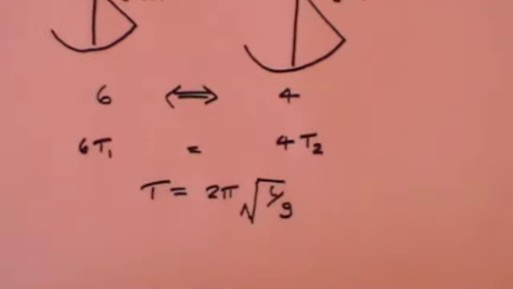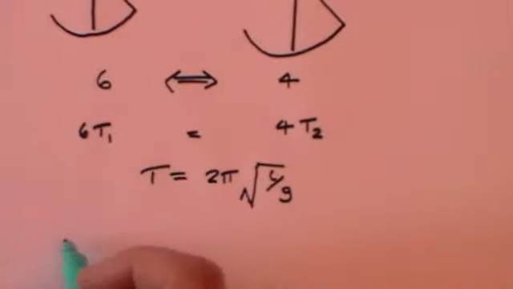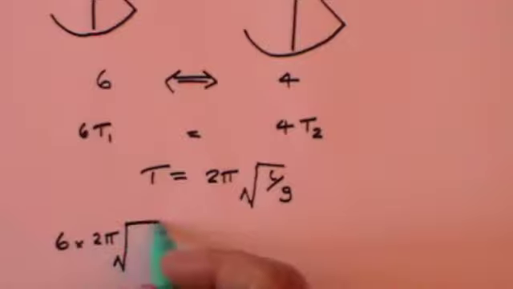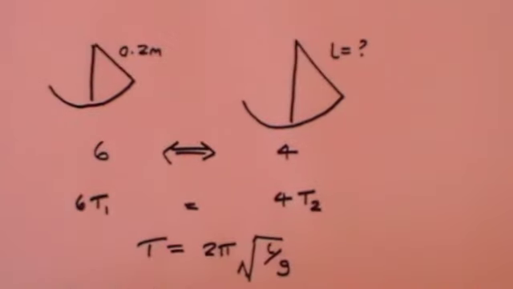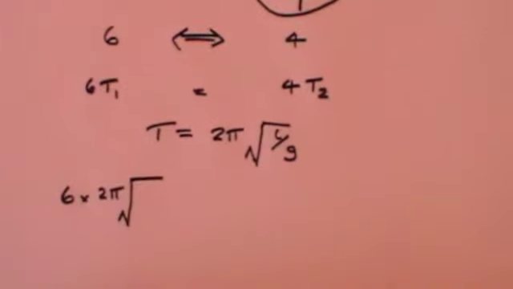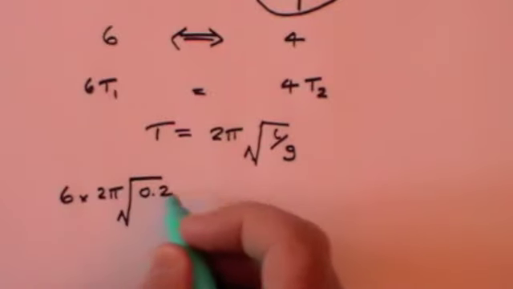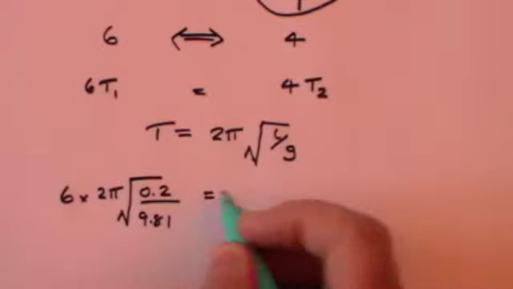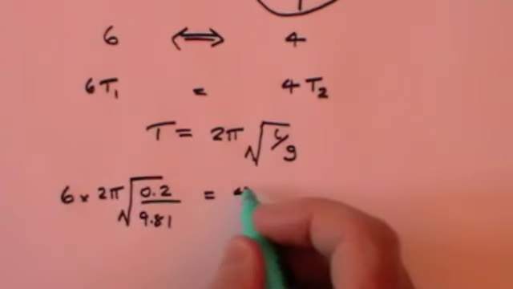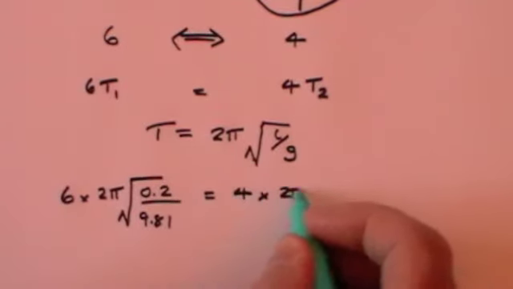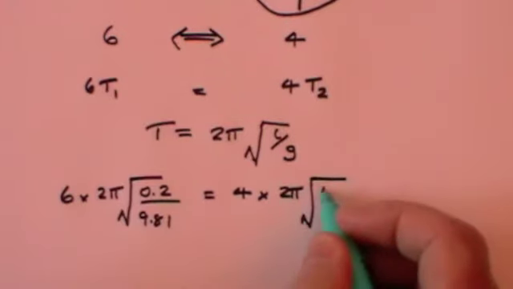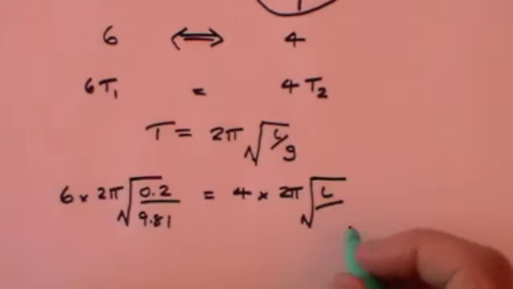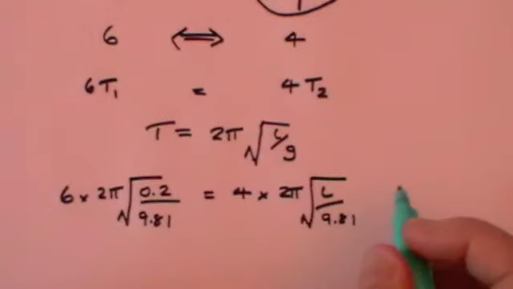And so now we've got that on this side we've got 6 times 2π times the square root of L, which we were given, it's 0.2 meters, so 0.2 divided by g, which is 9.81, is equal to, on this side, 4 times 2π times the square root of L, which we don't know, divided by g, which is 9.81.